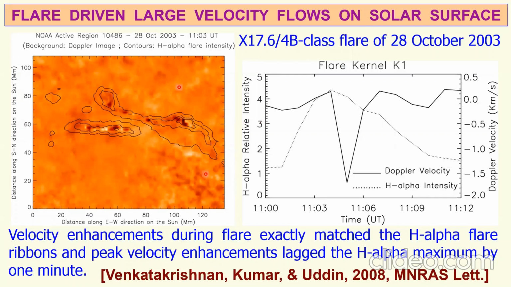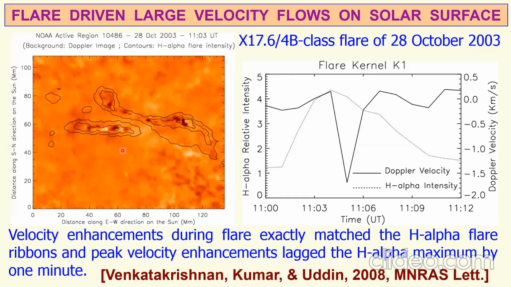This background image is the Dopplergram, and the contours here are the H alpha flare intensity contours, and one can see beneath the contours there are bright points in the form of black and white features. So these are locations of high velocity flows underneath the flare ribbons.